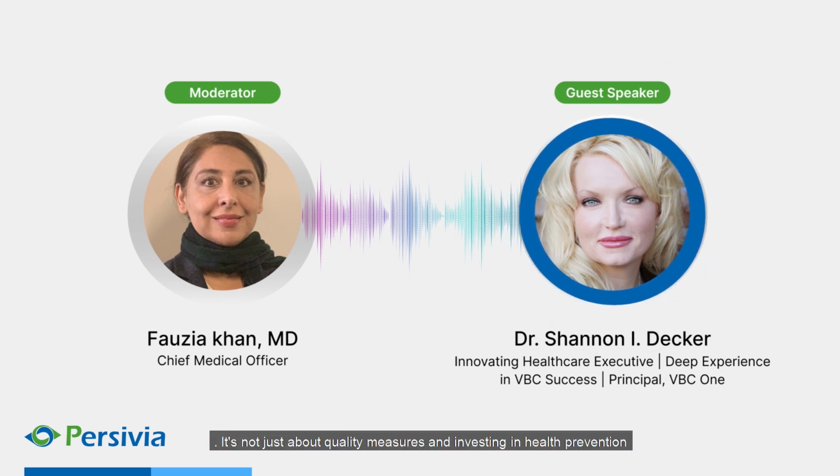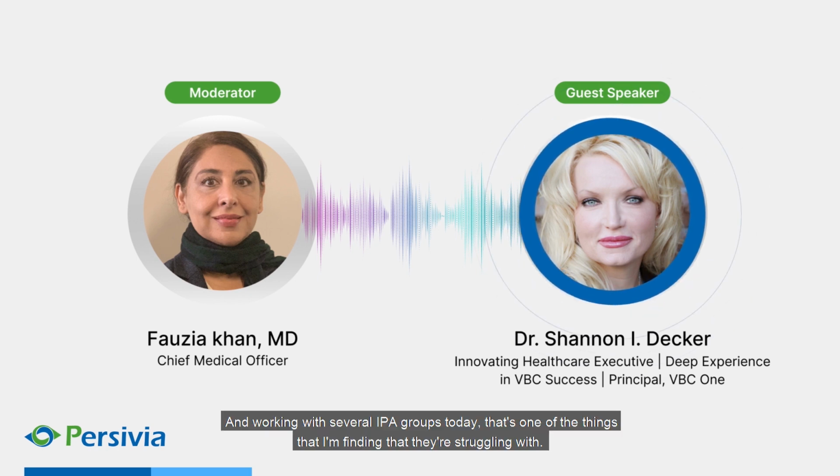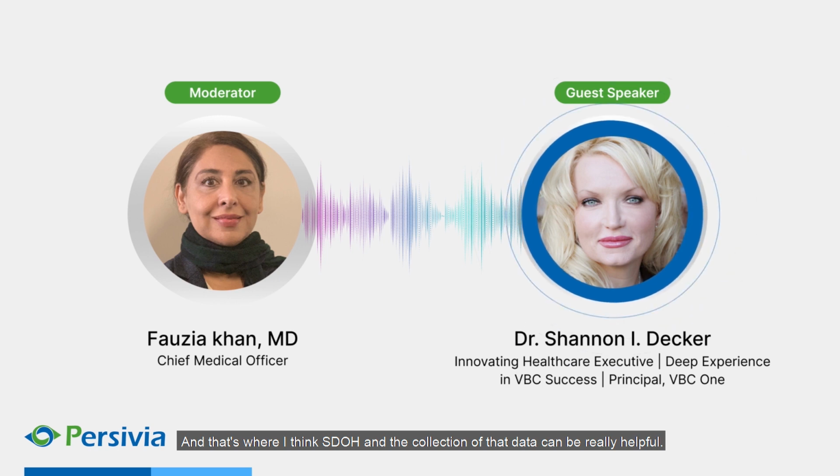It's not just about quality measures and investing in health prevention and then management of diseases once the patient is on that trajectory, but it's also equally important is total cost of care. And working with several IPA groups today, that's one of the things that I'm finding that they're struggling with. And that's where I think SDOH and the collection of that data can be really helpful.